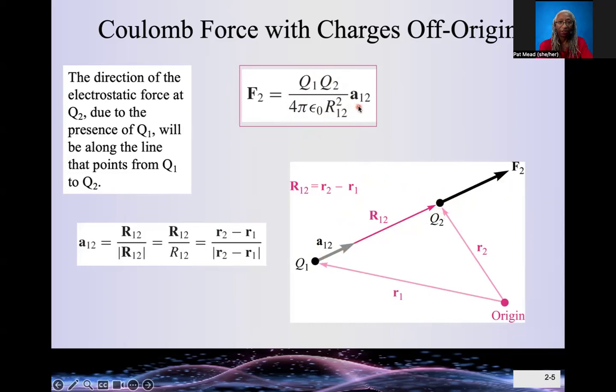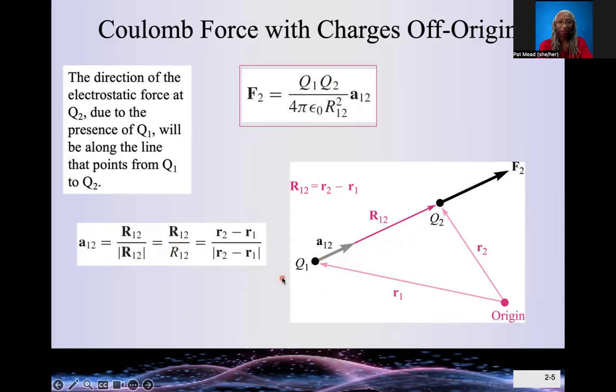So how do you find that unit vector? You may recall from your work in the first couple of weeks of class that you can define a unit vector by taking the vector R12 and dividing it by its magnitude. So R12 over the magnitude of R12 is the unit vector.